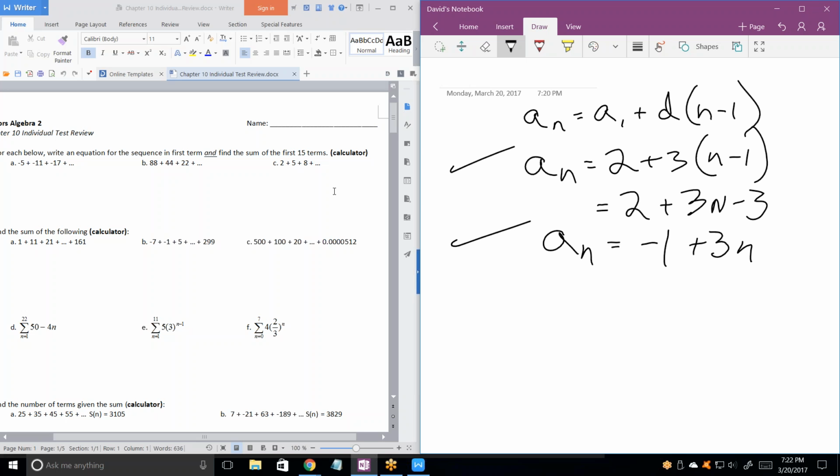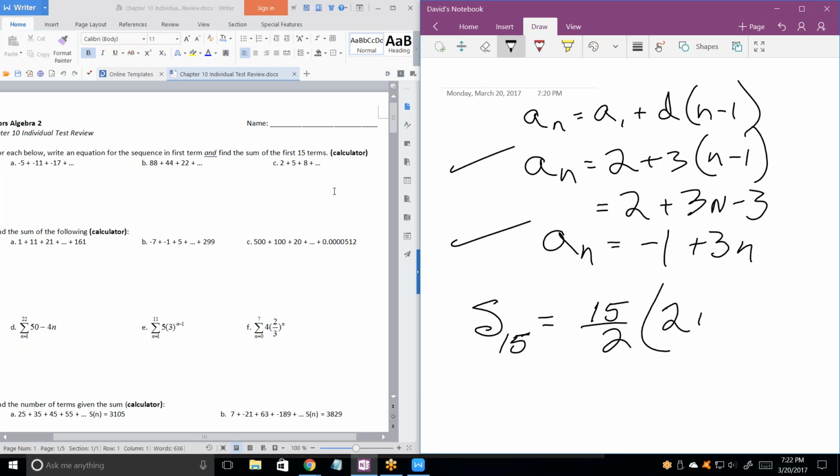Now I need the sum of the first 15 terms. What's that specific formula going to be for an arithmetic sequence? Number of terms divided by 2, which is 15 over 2, and then the first term plus the last term.